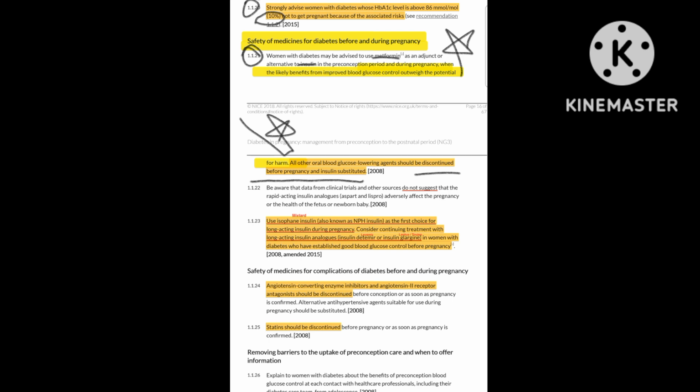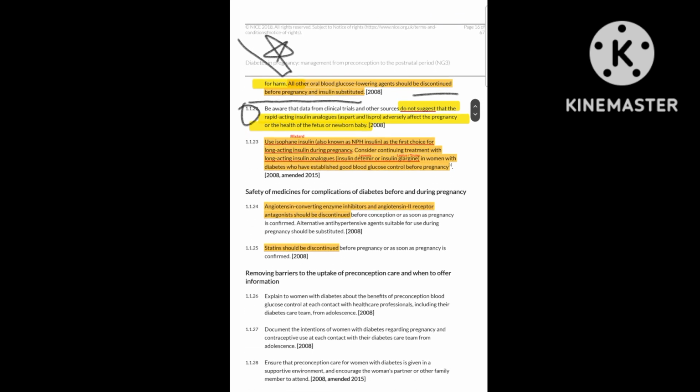All other oral blood glucose lowering agents should be discontinued before pregnancy and insulin substituted. Be aware that data from clinical trials and other sources do not suggest that the rapid-acting insulin analog Lispro adversely affects the pregnancy or the health of the fetus or newborn, so it's safe.